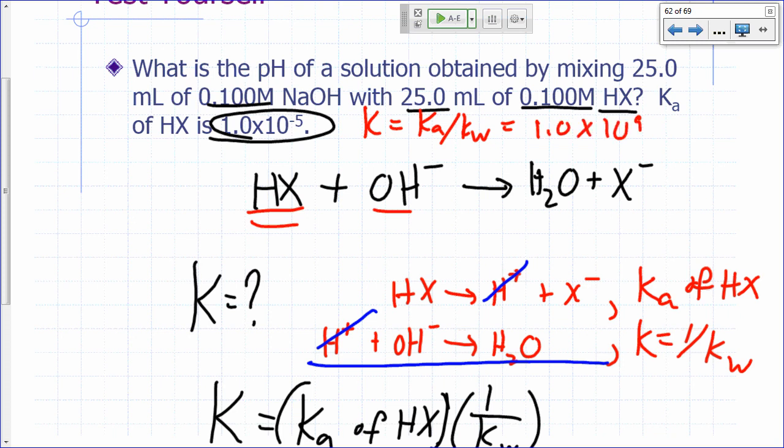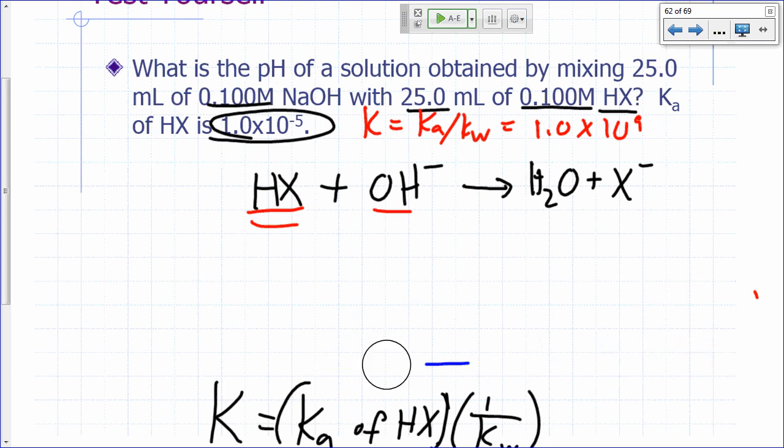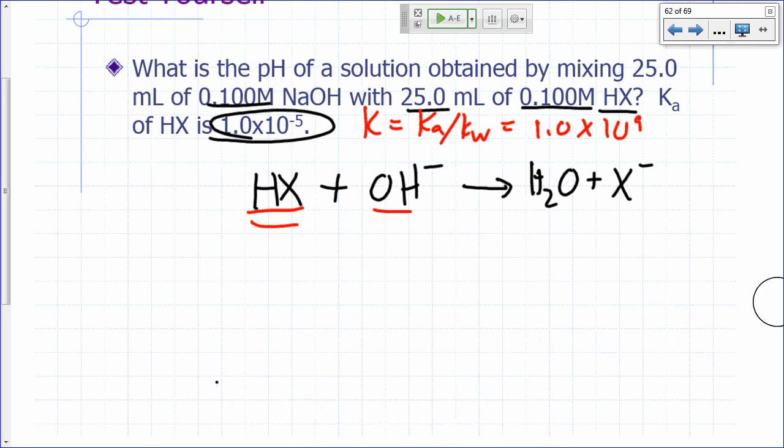So let's solve this problem. Again, set it up using initial concentration, changes, and equilibrium. Okay, so I is stable. What's our starting HX? 25 mL times 0.1 is how many millimoles? 2.5 millimoles.